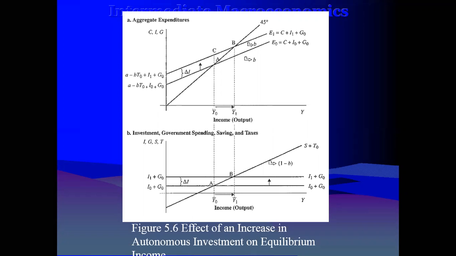But from this one, Keynes is telling us that whenever there's an exogenous change in investment, it's going to cause a change in national income. Is that okay?